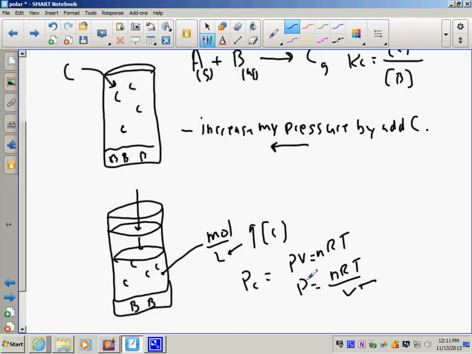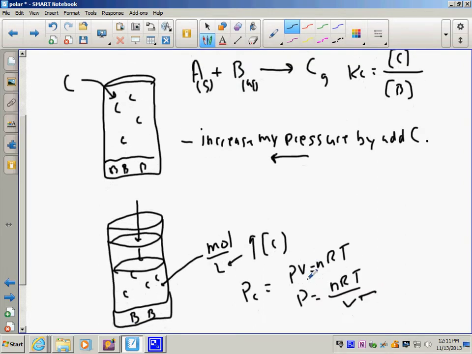So in this case, I am definitely going to be increasing my concentration, and once again, it will cause this reaction to shift to the left because I am ramping this value up. Okay, I would be losing C, gaining B, and I would also be gaining A, although it is a solid.